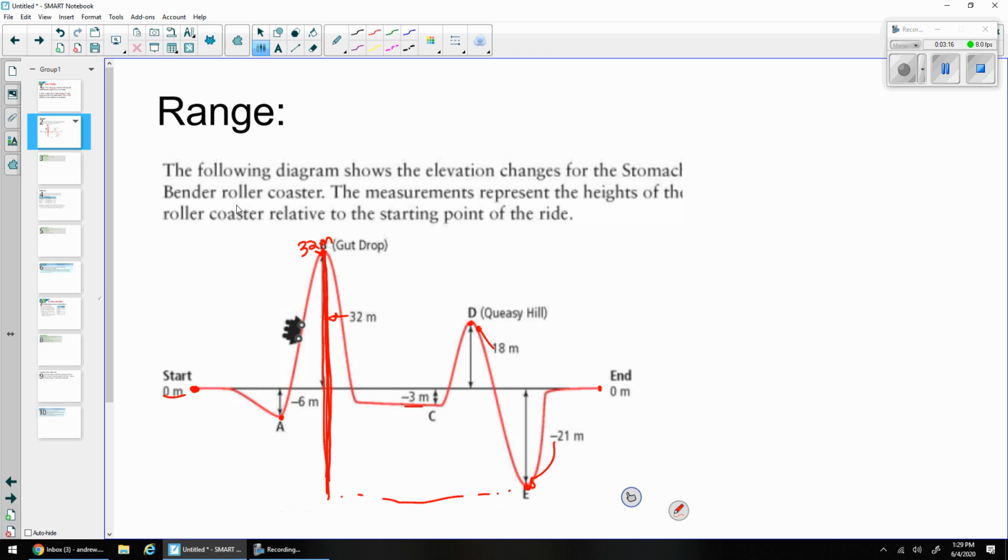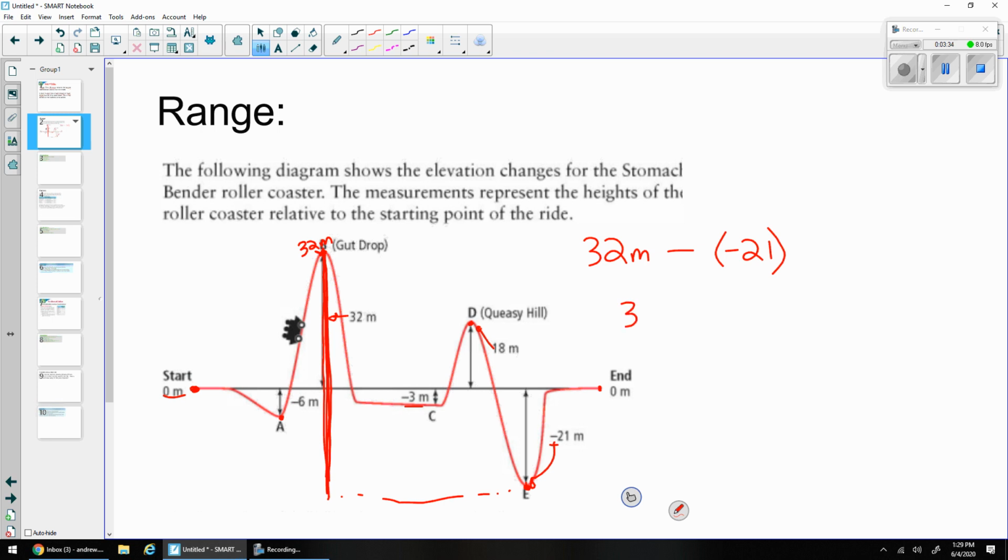We take the larger number and we subtract the smaller number. So the larger number here is 32 meters, and we subtract -21. Okay, now if you remember, subtracting a negative is the same as adding the positive.